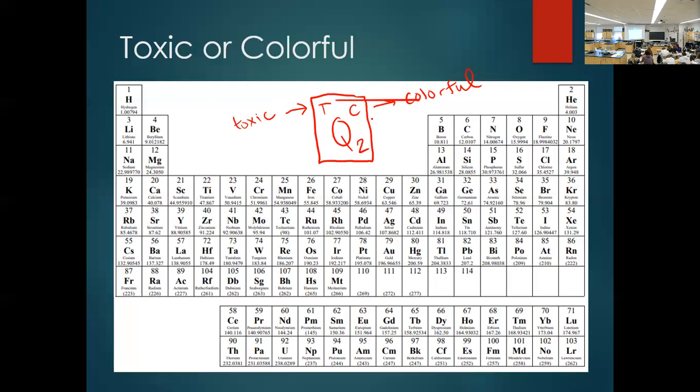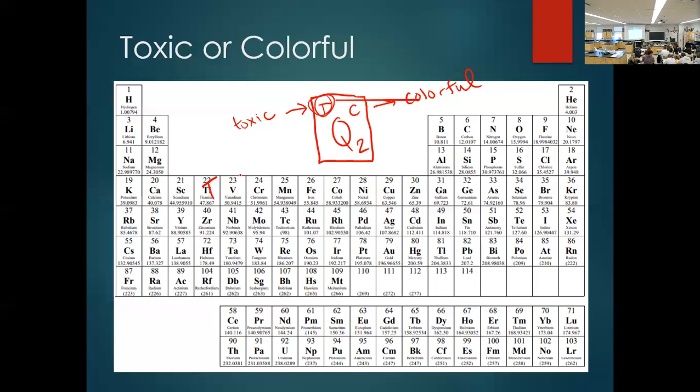So we're going to put a T in the ones that are toxic. So titanium is toxic, right? I'm gonna draw them big on here just so you guys can see it. But again, I want you to put it in this little corner, in the top left corner of the elements I'm marking, all right?